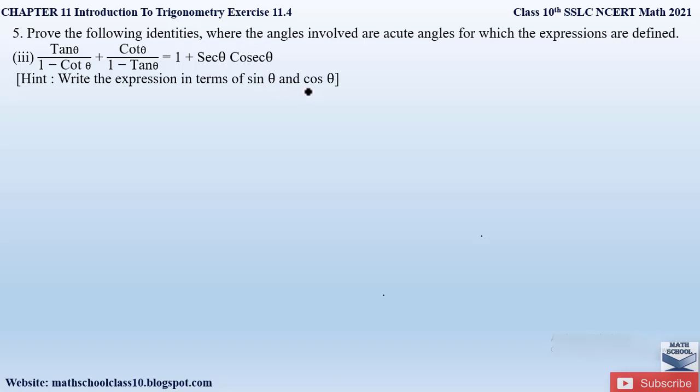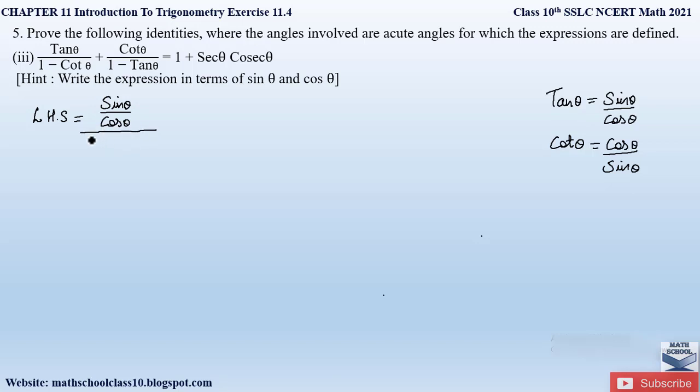So as we already know that tan theta is equal to sine theta by cos theta, and cot theta is reciprocal of tan, that will be cos theta by sine theta. Okay, so this relationship we are going to apply here. So our left hand side is equal to, so tan can be written as sine theta by cos theta.